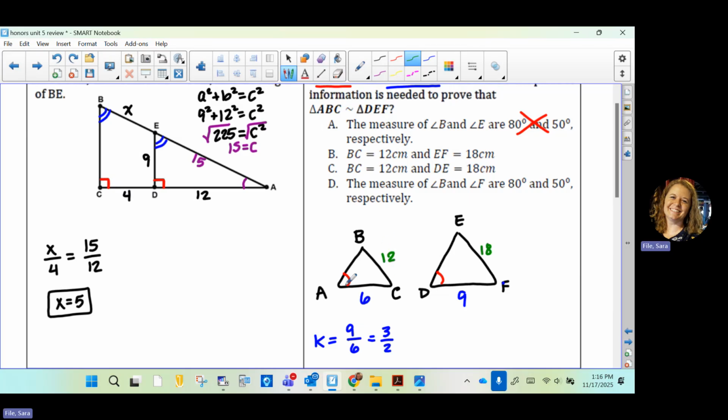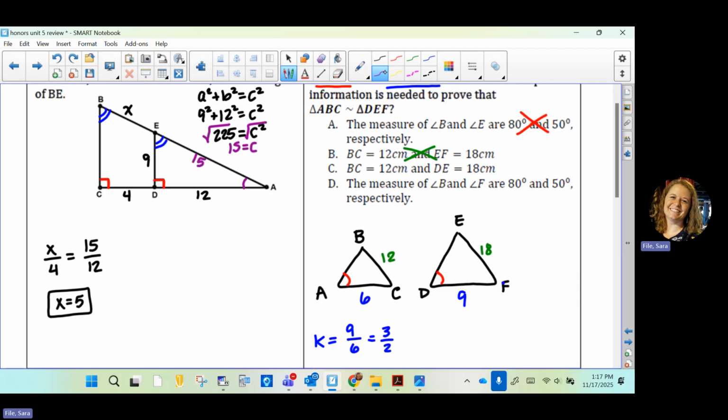Where the 12 and the 6 meet is angle C. I don't know angle C is congruent to angle F. So this is not side angle side. That's actually not enough information. Even though those sides are proportional, that's not quite enough information for me to say they're similar yet. So that doesn't work.